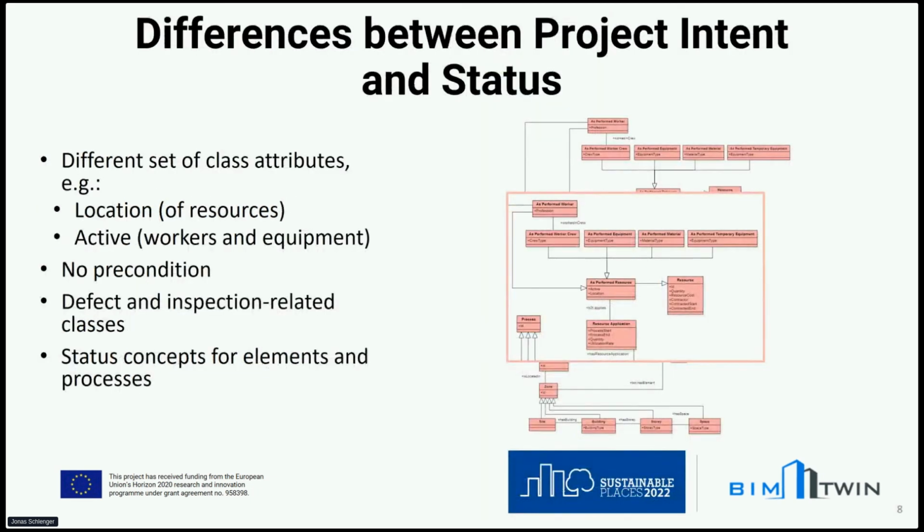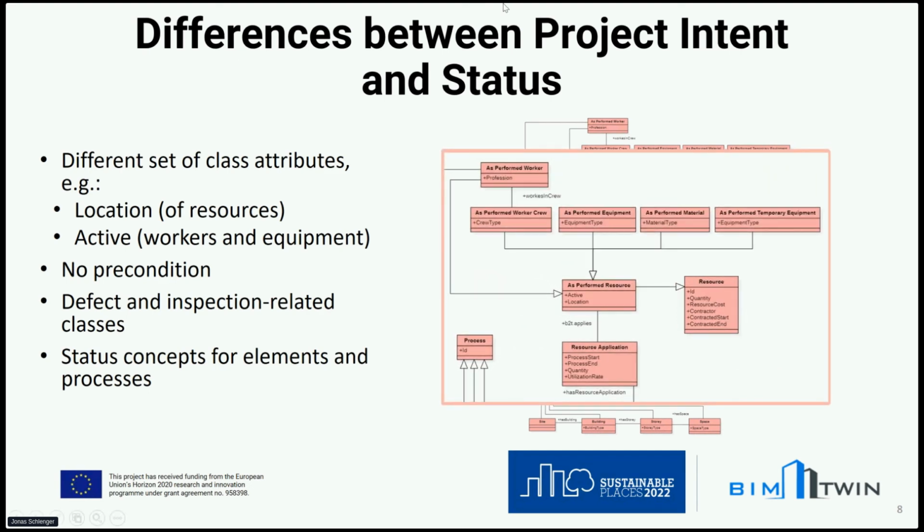Now, quickly talking about the difference between the project status and intent ontologies that I mentioned before. The main difference between those two sides lies in the different attributes, not so much in different classes. The reason is most importantly the different levels of granularity between planning and execution.